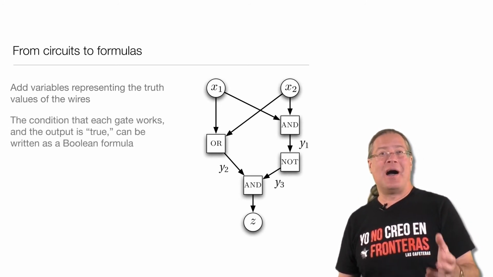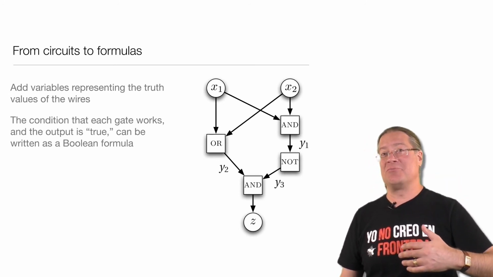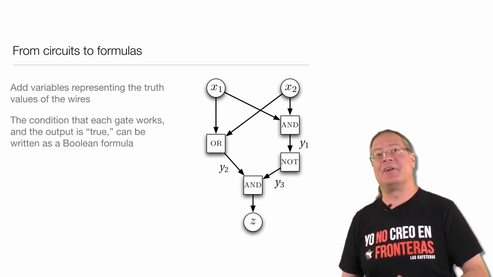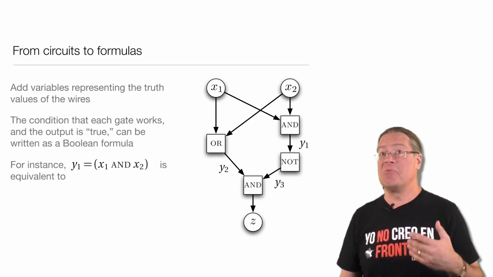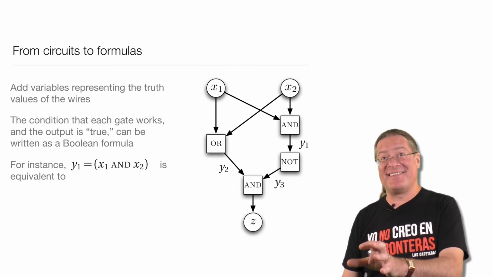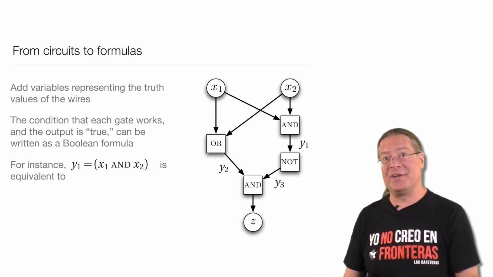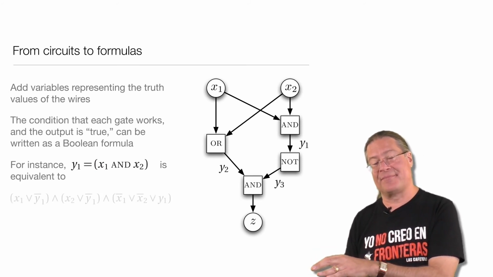Well, now I'm going to take the claim that this circuit works properly, that it does what it's supposed to, and write it out as a big logical formula. So for instance, one of the parts of this claim is that Y1 is the logical AND of X1 and X2, that Y1 is true if and only if both X1 and X2 are true.